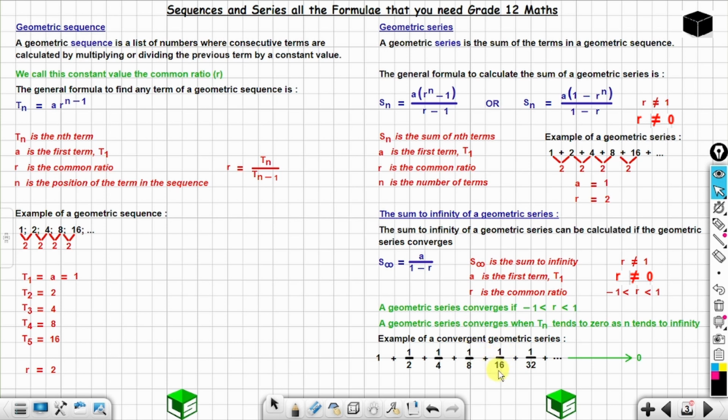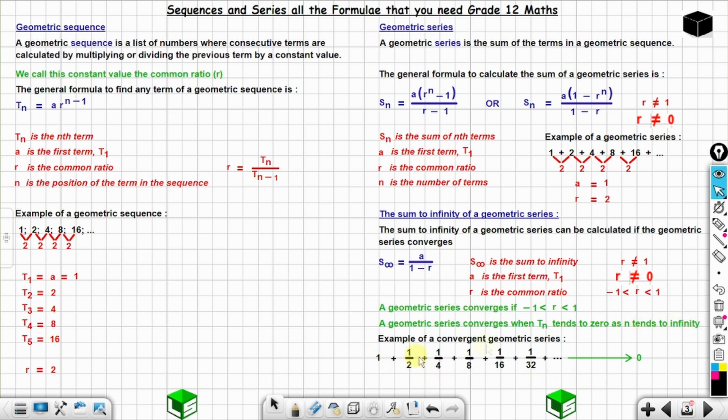N is equal to 5, and this is n equal to 6, because this is T6. So n tends to infinity. A geometric series converges when Tn tends to 0 as n tends to infinity.